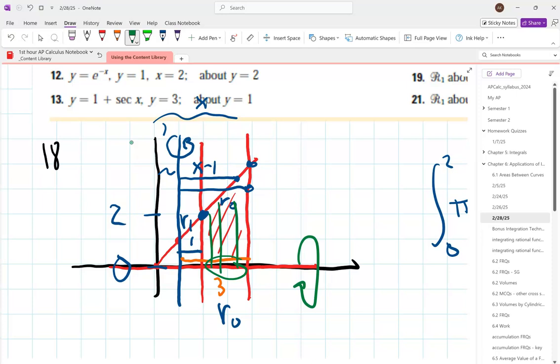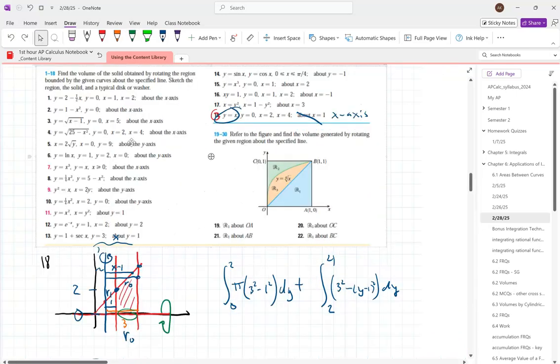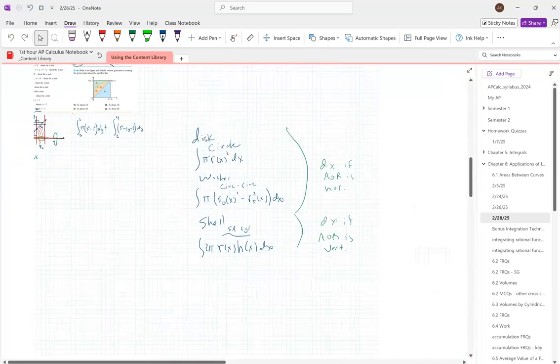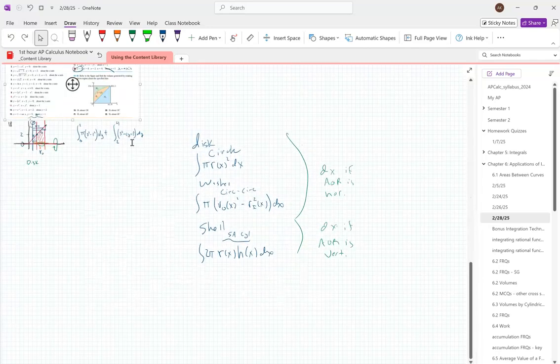And that's the same thing for shells. You just look at how you're moving your radius, and that'll tell you whether you should be doing dy or dx. Like, I'm a visual guy, I'd rather not memorize it. But like if you're a memorizer, like that'll do it for you, you know. So the shell is just the opposite of the washers in terms of dy or dx.